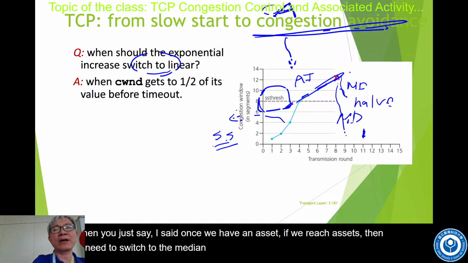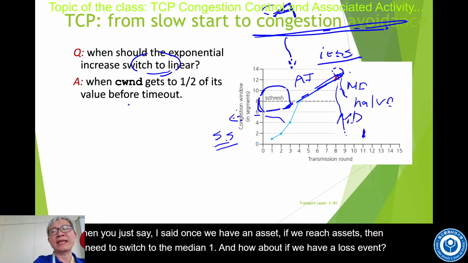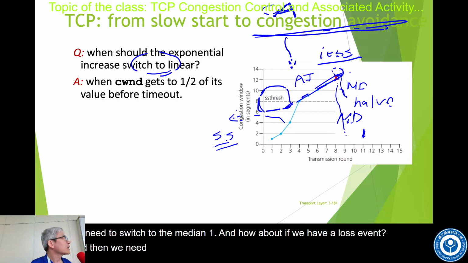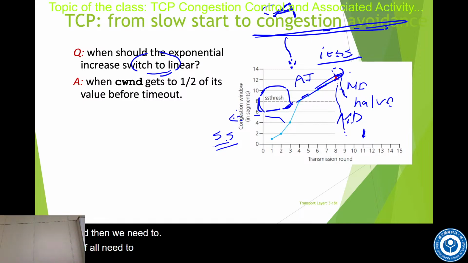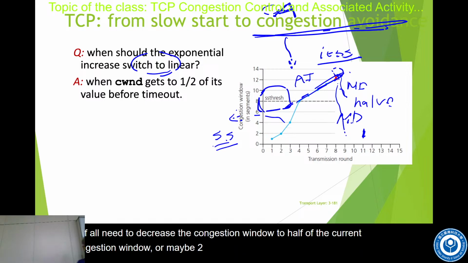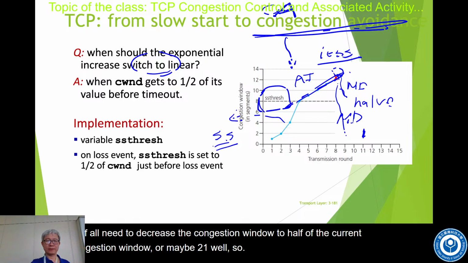And how about if we have a loss event? Then we need to decrease the congestion window to half of the current congestion window, or maybe to 1. So we need to have the threshold.